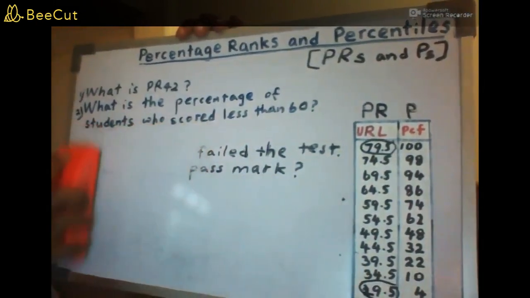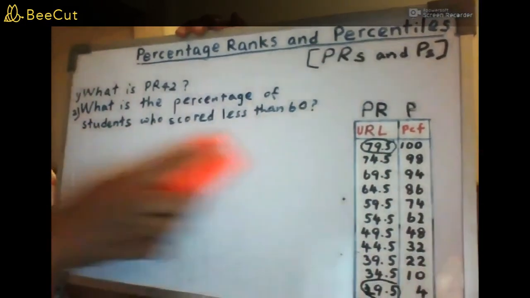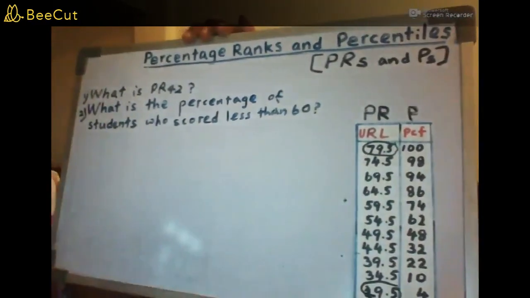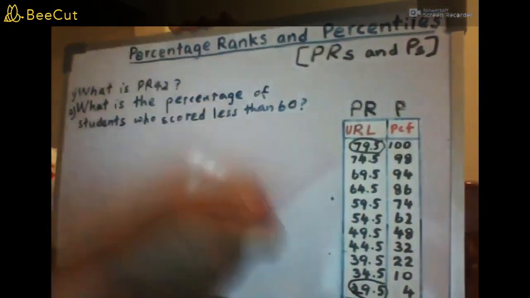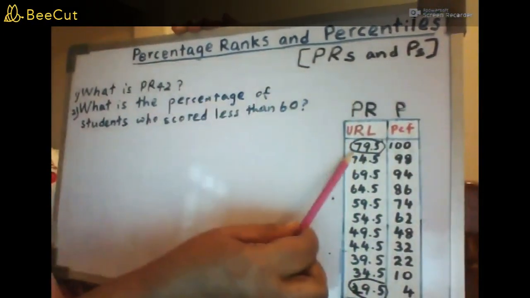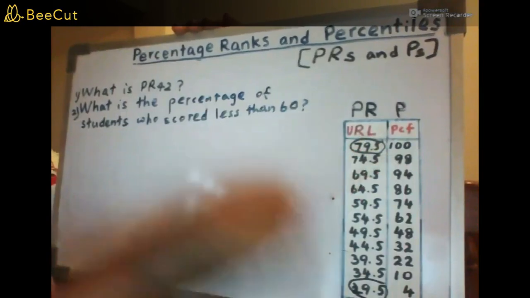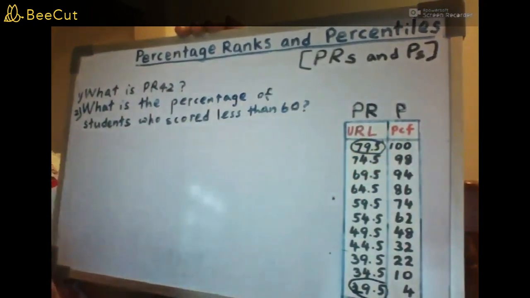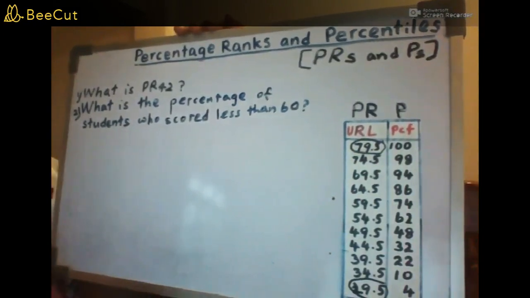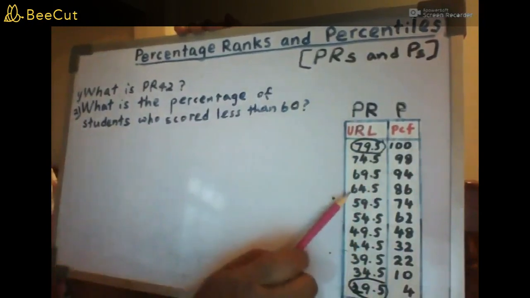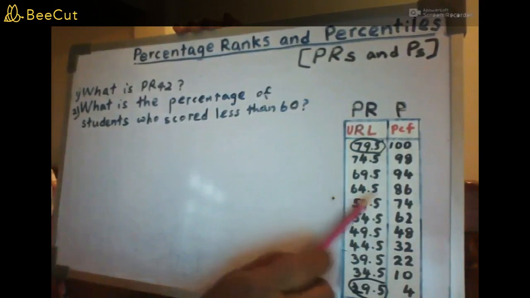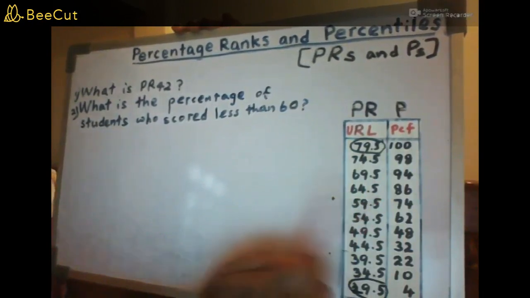Now what's the first process? They will give you a mark and ask for the relevant percentage. Now you tell me, what is the percentage rank of the mark 64.5? Answer is 86.